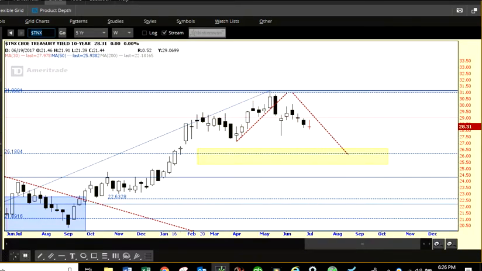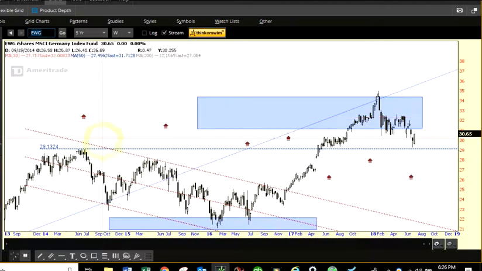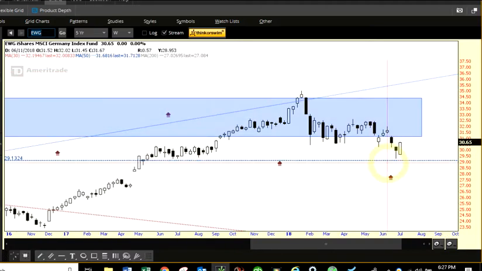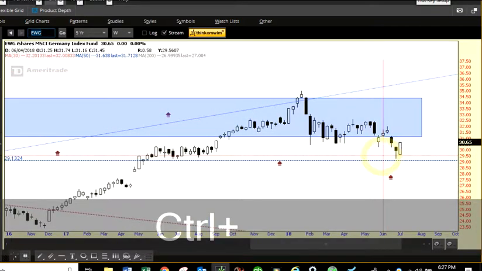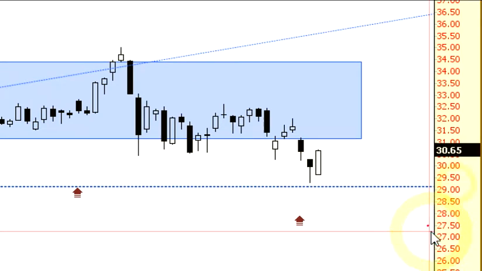All right, let's look at some of the other countries. We haven't really done much of that lately. This is Germany. And you can see Germany got a bid last week after a pretty deep pullback. Got a bid and reversed. And I don't know.